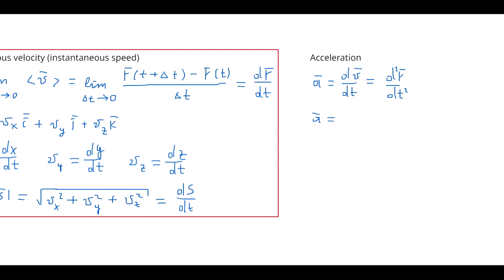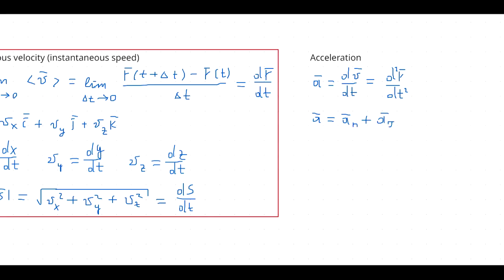a n, where a n is the normal or radial acceleration, plus a tau, which means tangential acceleration.